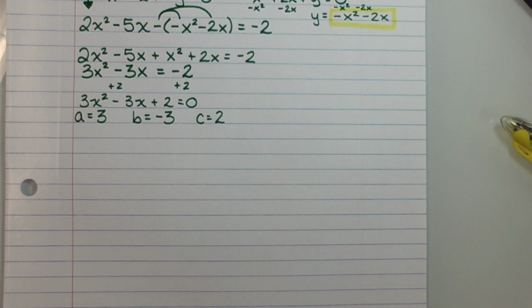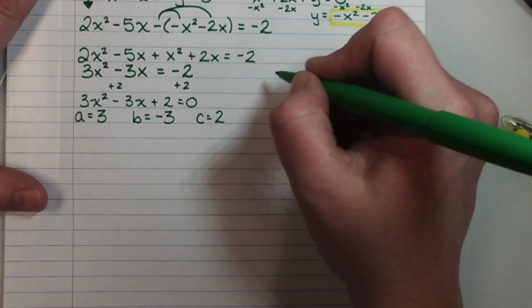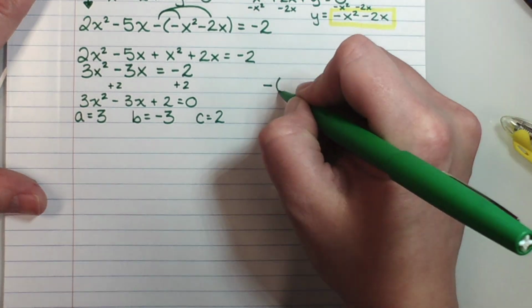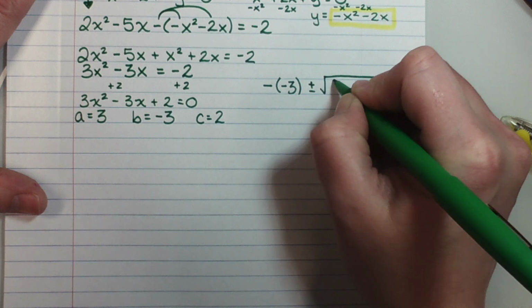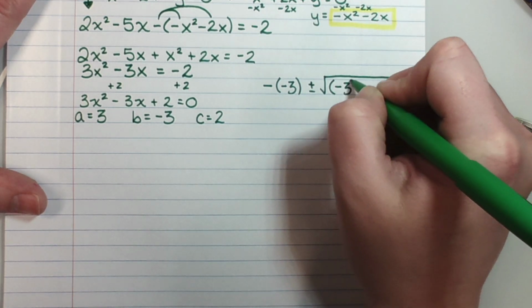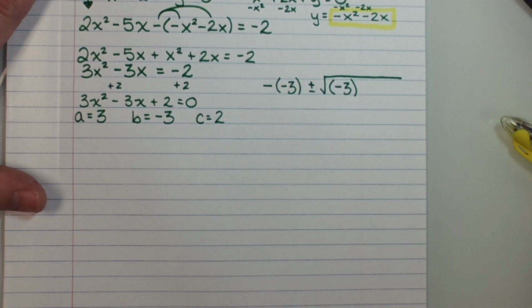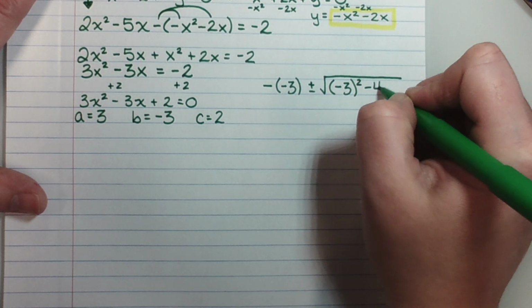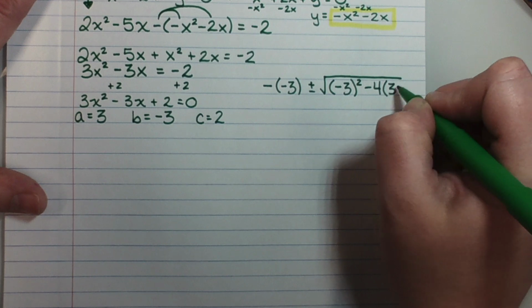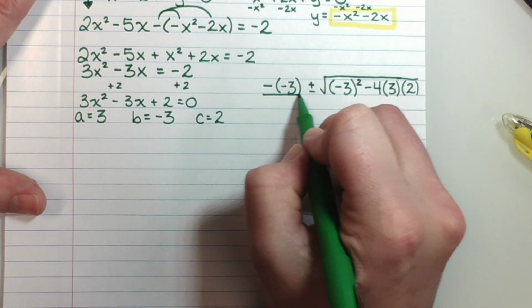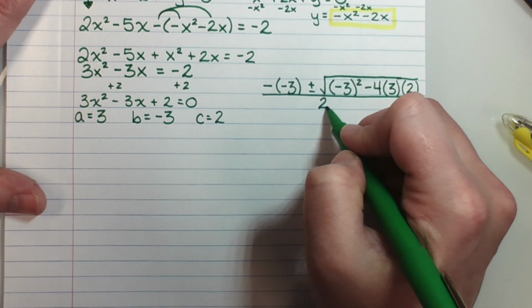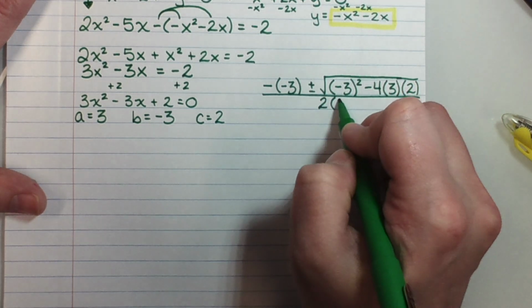Once I've identified A, B, and C, what do I do with it? Plug it into the ugliness. It's ugly, but it's easy to work with. The quadratic formula says negative B, in this case negative 3, plus or minus the square root of B squared. If you do not put that negative 3 in parentheses before you square it, it will not work. Negative 4 times 3 times 2, all over 2 times 3.